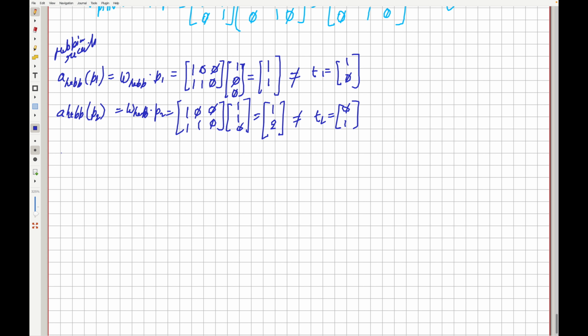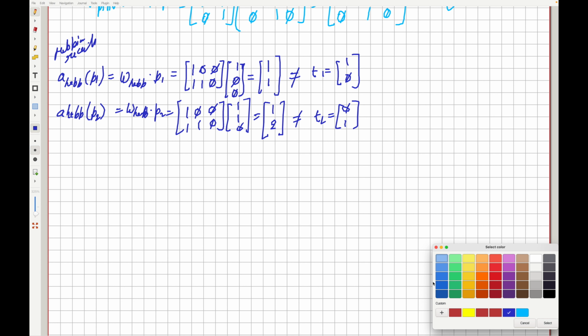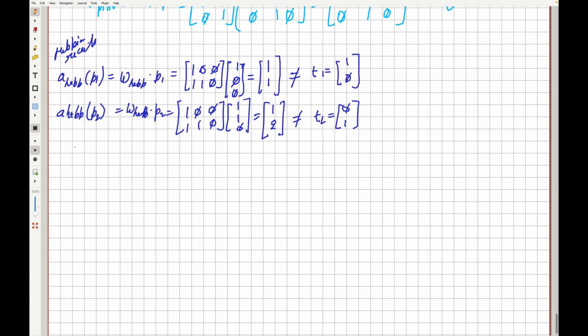What we can now do is use the pseudo inverse and see what happens. So pseudo inverse recall. Here we calculate A P inverse used for P1, and for this we use the matrix W PINV and dot that with P1.